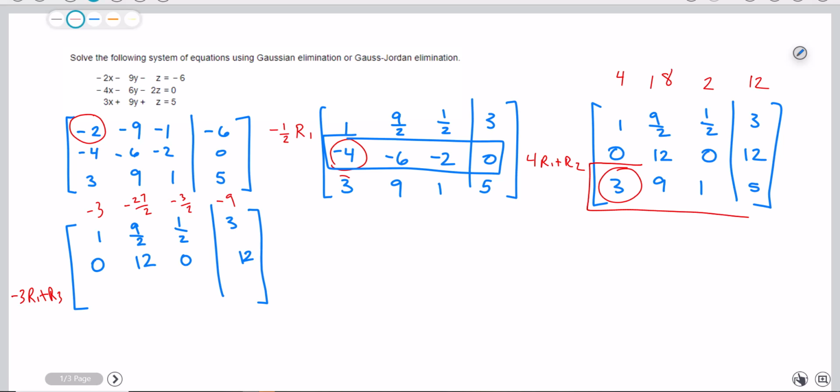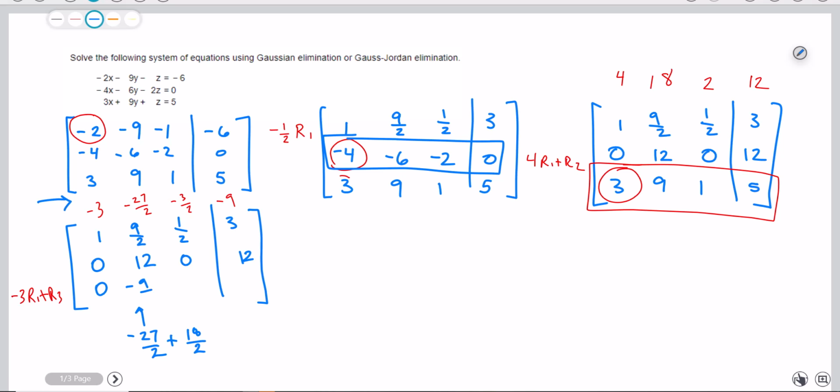Now I am going to be adding this row to row 3, so I get 0. This value right here is going to be negative 27 over 2 plus 9, but I need a common denominator. So 9 is the same as 18 over 2.